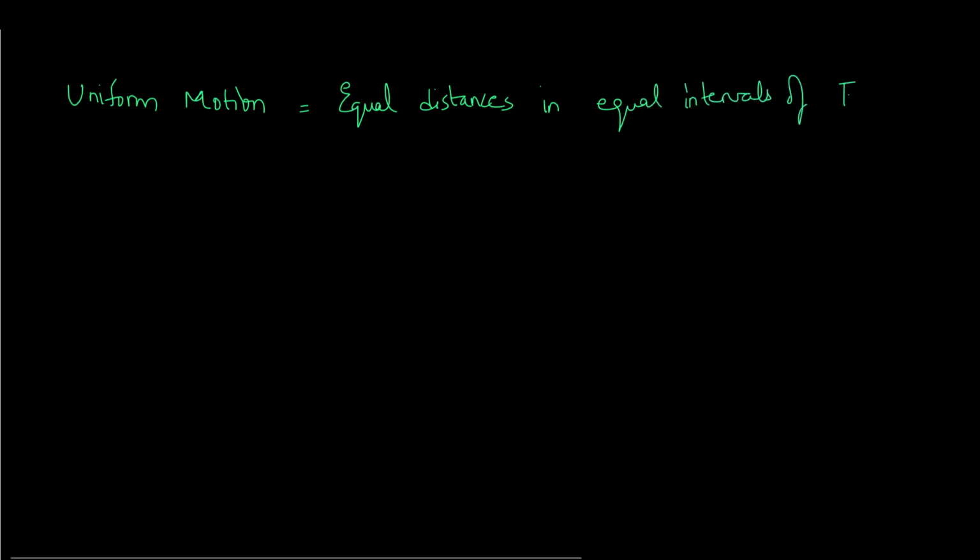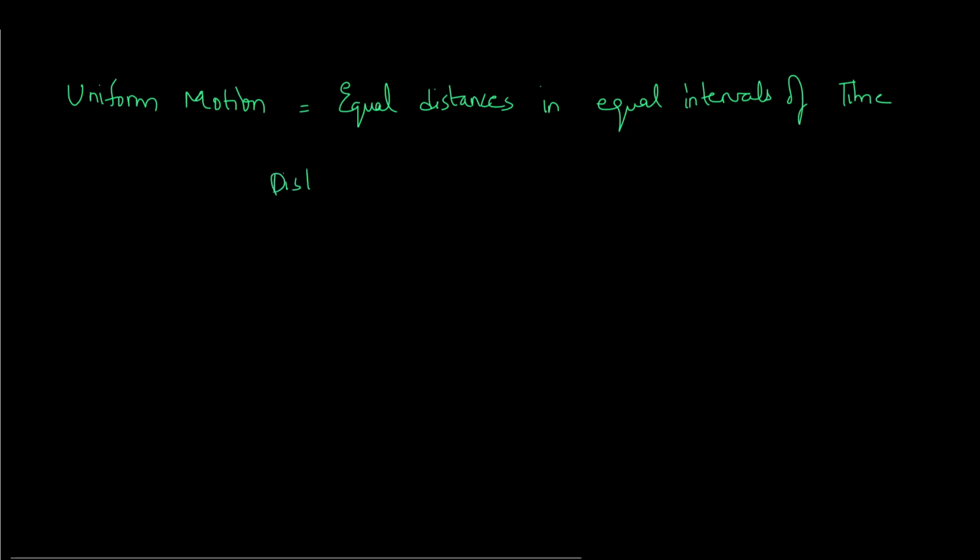Now we'll understand uniform motion. It states that if an object covers equal distances in equal intervals of time.